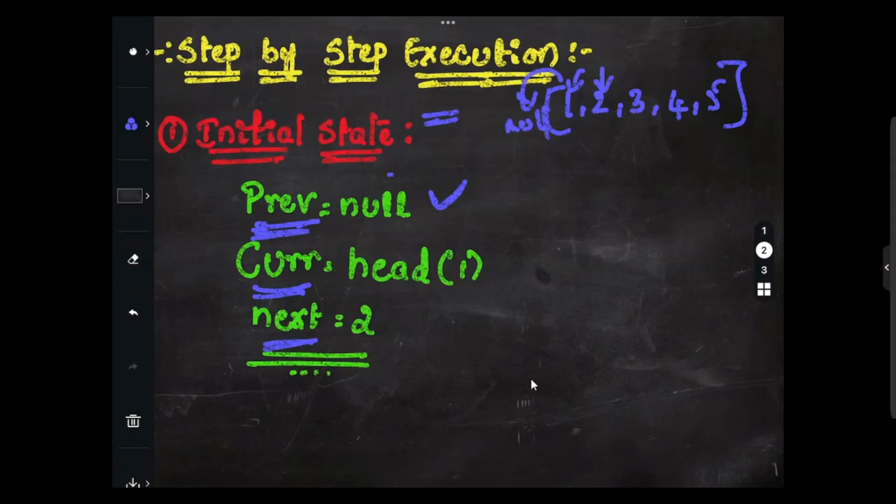So previous is assigned null, current is assigned head, which is 1, and next is 2. This is easy to understand.